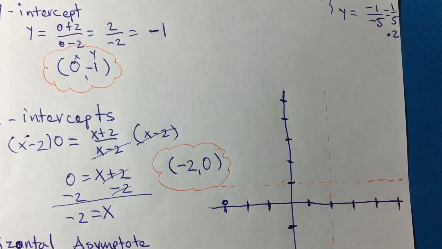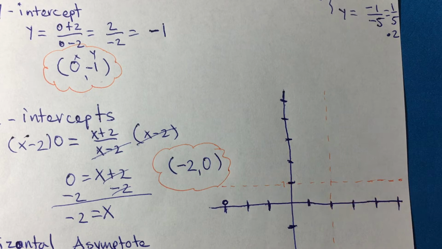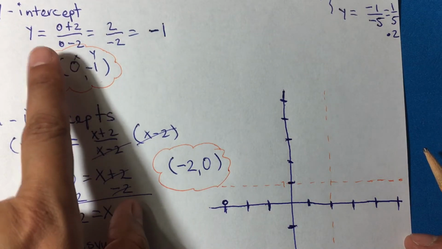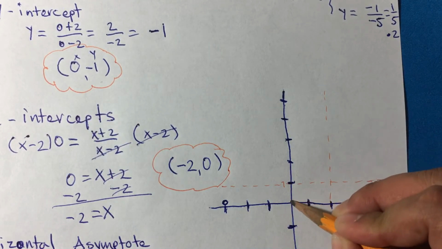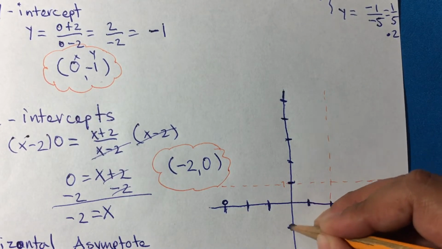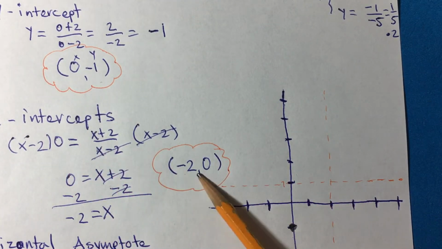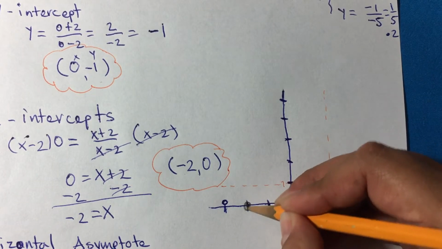They are diagonal to each other, so if I have it in here, and I notice that this is part of the graph, so one is going to be in here, the other one will be here, and so let's look at our intercepts. For the y-intercept, it's at 0, -1. 0 is right here, -1 is right here. So that's one of my points. And then the x-intercept is at -2, 0. -2, 0 is right there.